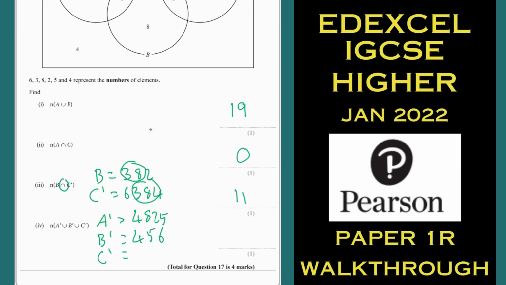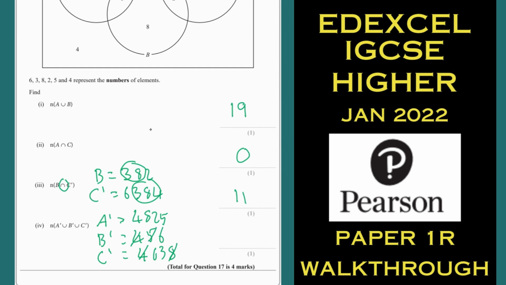The numbers not in C are 4, 6, 3, and 8. But when you are unioning them, that's a word, trust me. When you're adding them all up, you don't add up numbers twice. So the fact that 4 appears, just count it once. There's an 8 there, count it once. There's a 2, there's a 5 there.